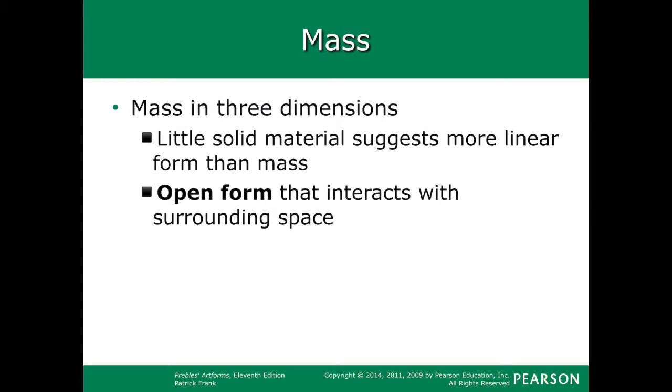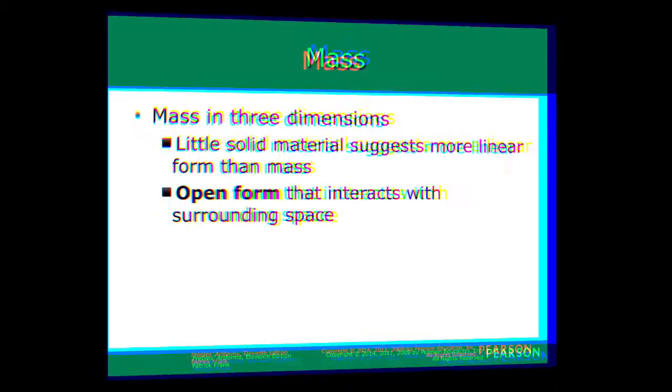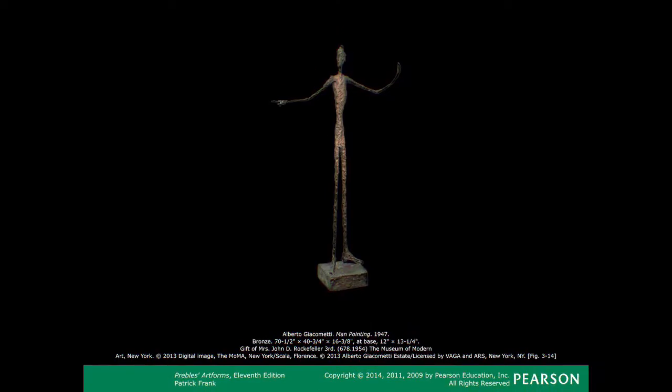Oh my God. And so when it comes to open form sculpture, we are looking at sculptures that interact with the surrounding space. And this work here by Alberto Giacometti, Man Pointing, made in 1947, made from bronze, a very tall and narrow sculpture of the human form.